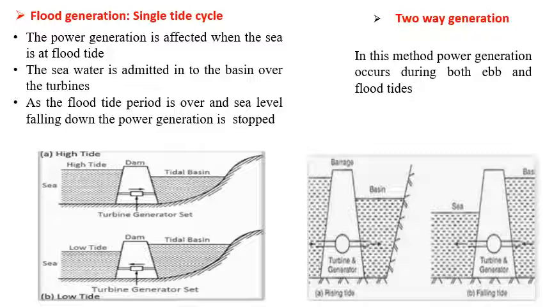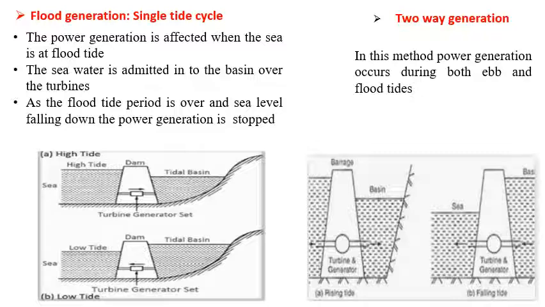Okay, so it uses a number of reversible turbines, each of them driving an electric generator. The turbine operates for both directions of water flow, that is from sea to basin and from basin to sea. Okay, the power is generated during both emptying and filling cycles.